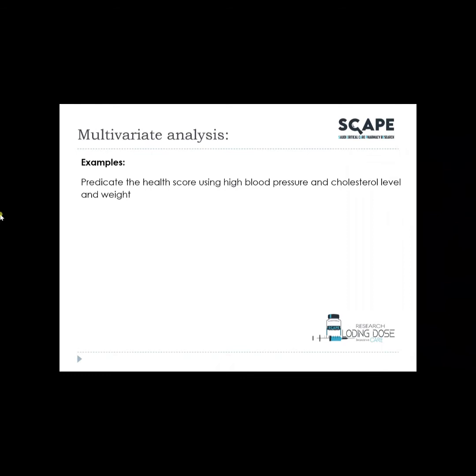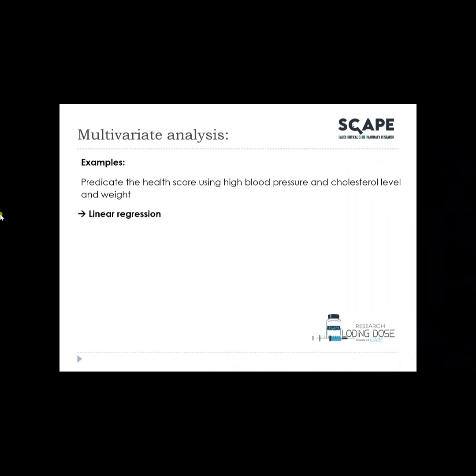I want to predict the health score, which is numerical, using high blood pressure. The blood pressure, here I mean the blood pressure as numerical, and cholesterol level, it's also numerical, and weight.